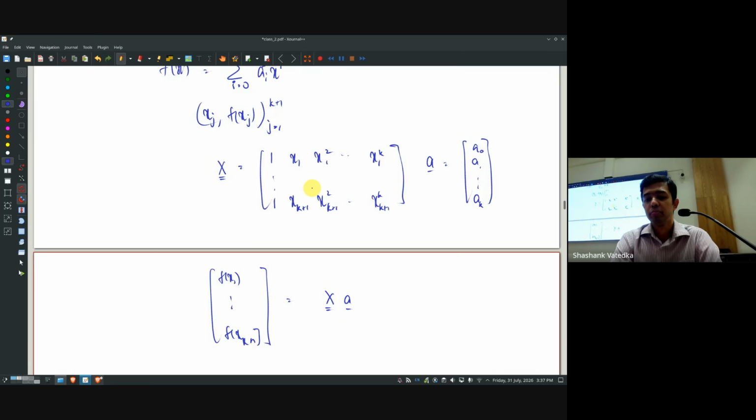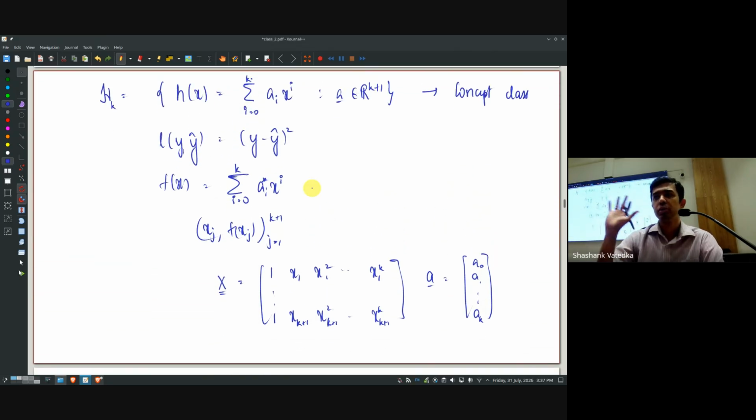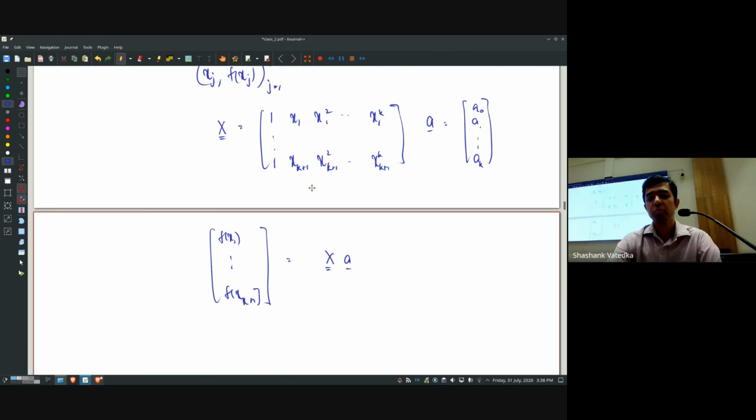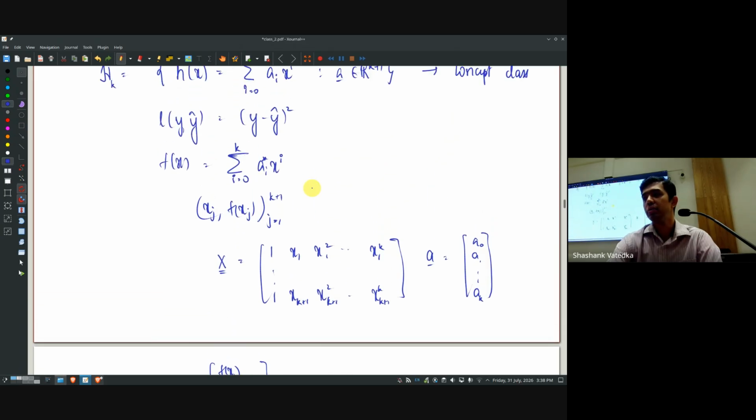The computational complexity of inverting this matrix is order k cubed. So as long as your distribution is nice enough, that's one thing to keep in mind. For example, if x is a continuous distribution, then with probability 1 you're going to get k plus 1 distinct points. It's possible that you have a weird enough distribution that always outputs 1 point with probability 1. But for most distributions, you will be able to achieve 0 generalization error.